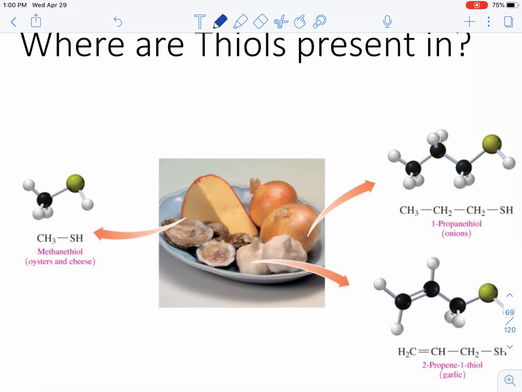Thiols are also found in common foods that we eat, such as oysters and cheese. Part of that very strong odor, that very strong smell that we get sometimes from cheese, depending on the sharpness of the cheese, if you will, is going to be methane thiol. Same thing with oysters.